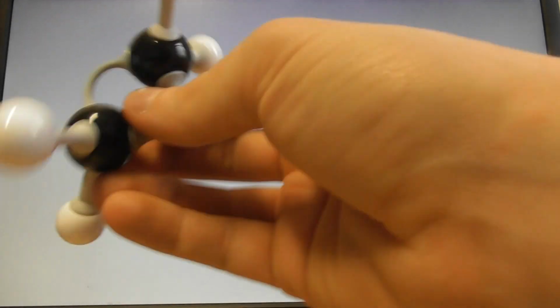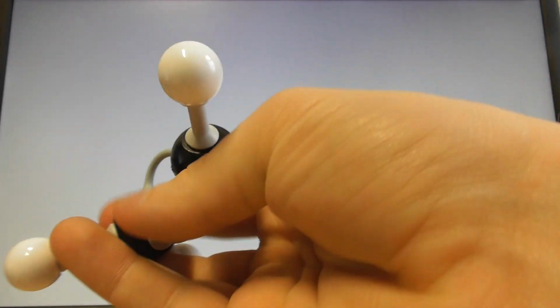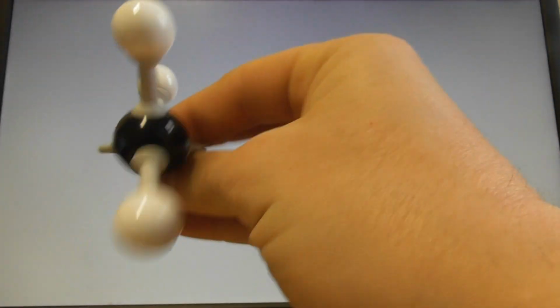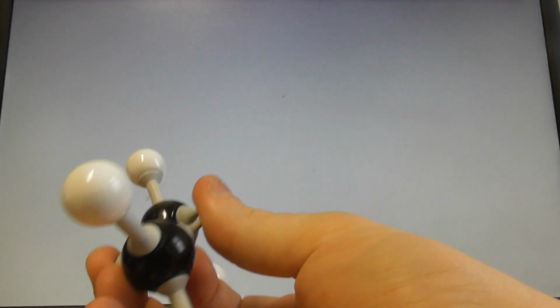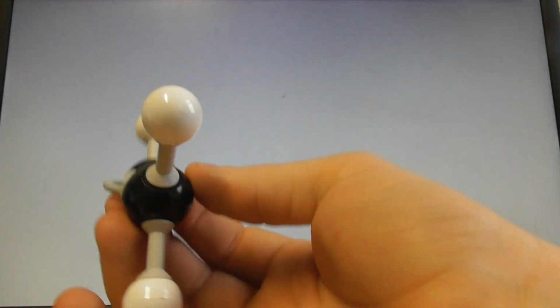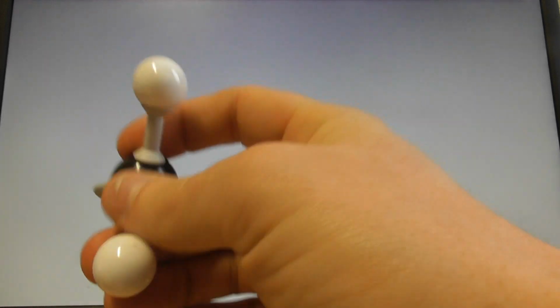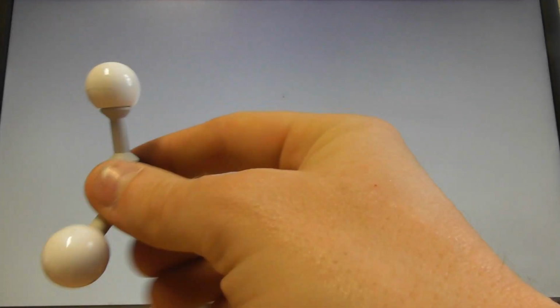So in essence what I'm trying to say here is that carbons involved in double bonds are planar. And that means that every atom that's directly attached to that carbon is in the same plane as the carbon. Be careful now. You could have a case where the molecule goes on.